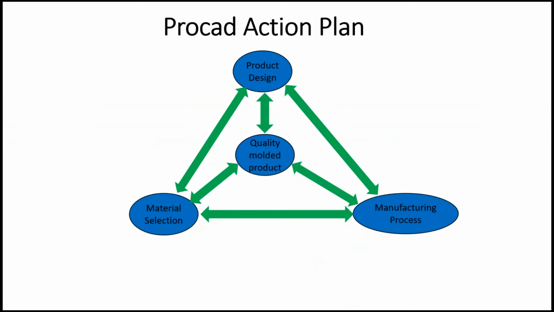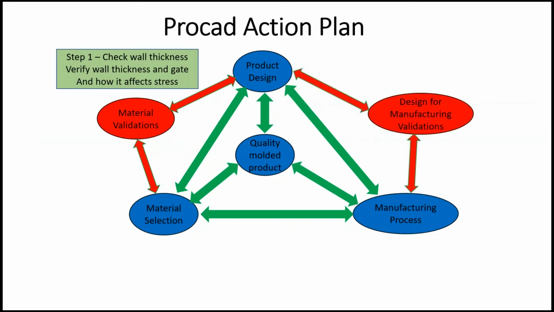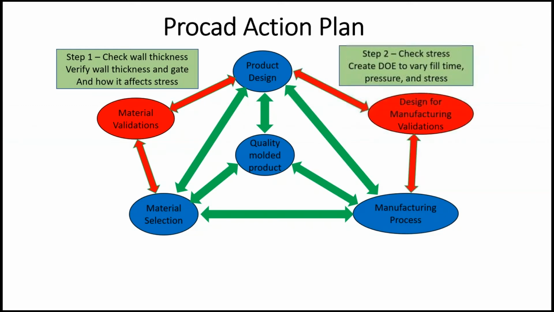So ProCAD took this layout of the flow chart of the design, material, and process, and we wanted to try to duplicate what they were seeing. So we looked at the material validations. Step one, we wanted to check the current wall thickness and find out if we could see the pressures and stresses that they were currently seeing. Step two, we looked at the design side of things.